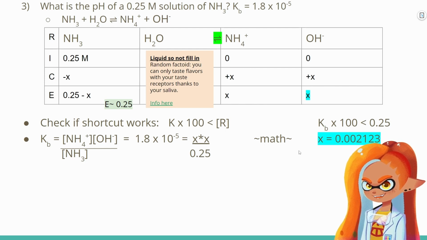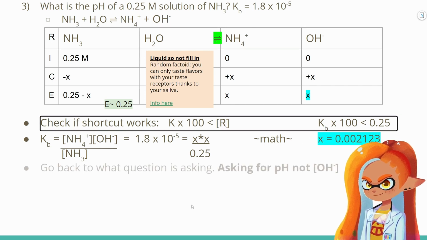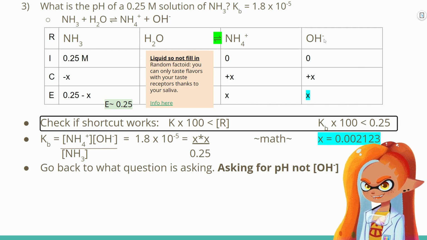Now, this one is different. This one's asking for pH. In the previous problem we did, we calculated H3O plus concentration, but in this case we have the hydroxide. So we have to do a couple extra steps. You want to be very careful. This asks for pH, not hydroxide, right?